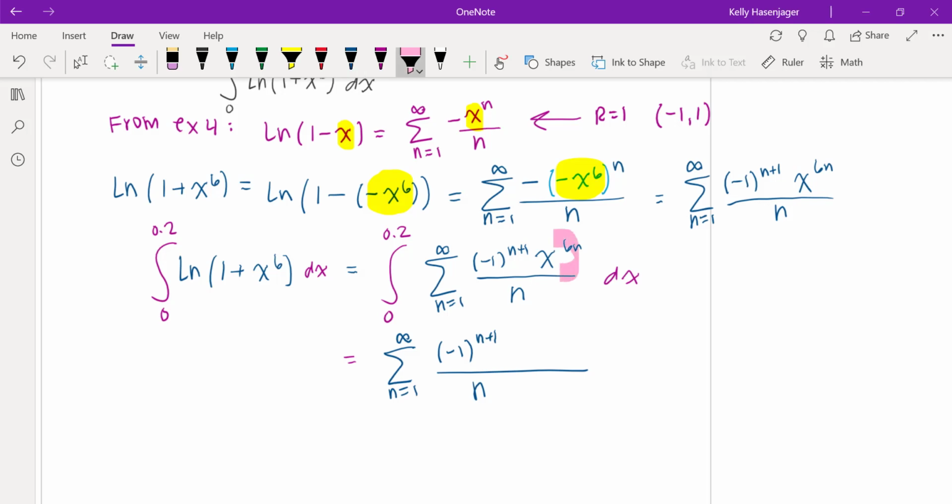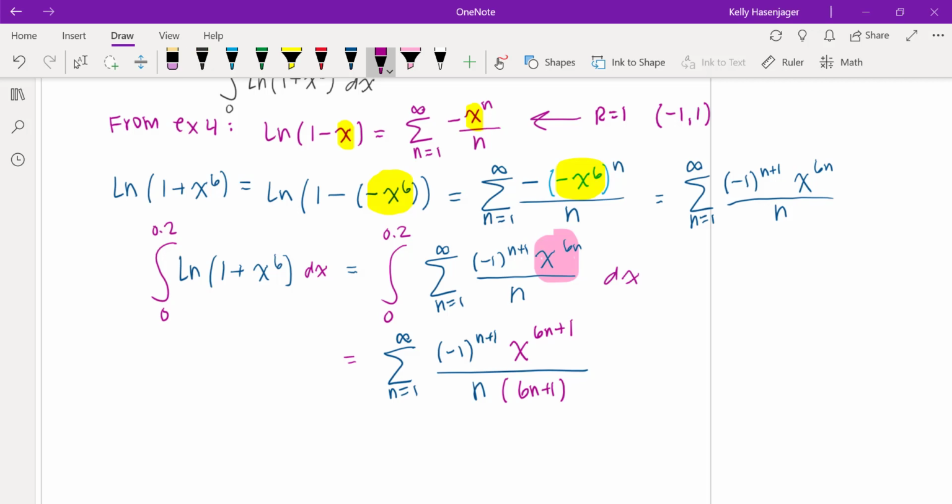Now this x raised to the 6n power, to take the antiderivative of that, we add 1 and divide by that same number. So this is going to be x to the 6n plus 1, and then we divide by that same number, 6n plus 1. So that's our integral right there.